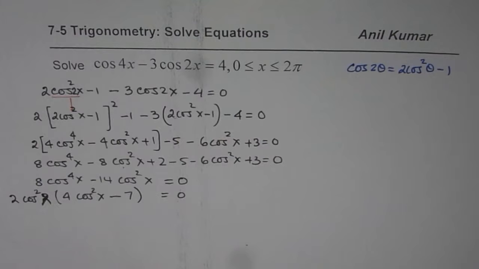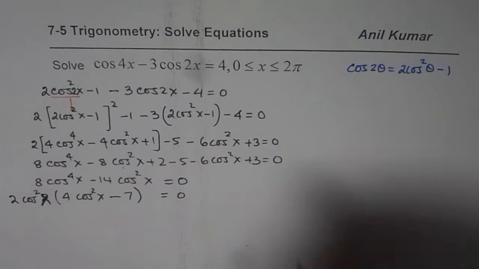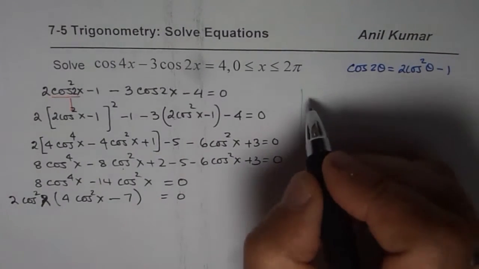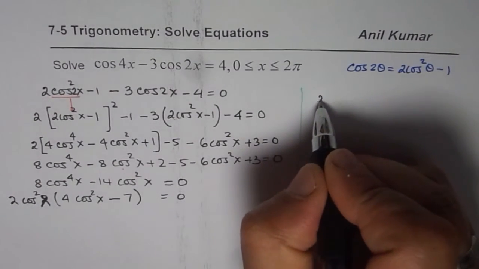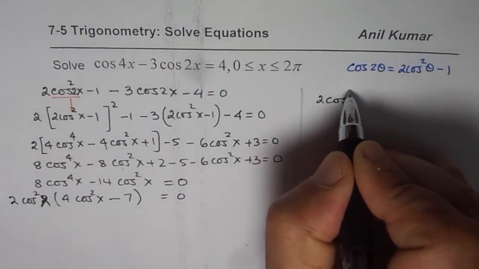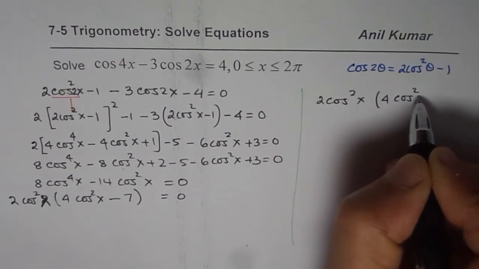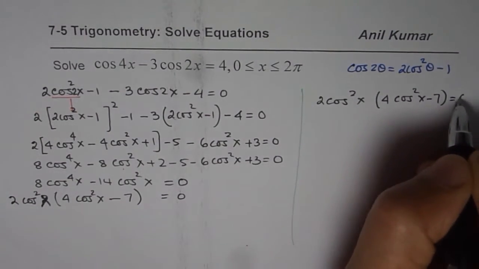So that gives us a couple of solutions. Let me rewrite the equation. It is 2 cos square x within brackets (4 cos square x minus 7) equals 0.